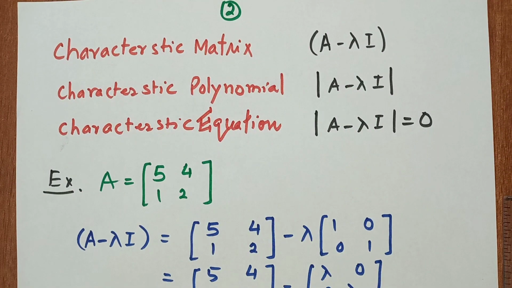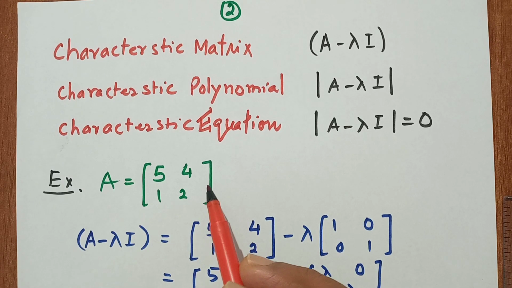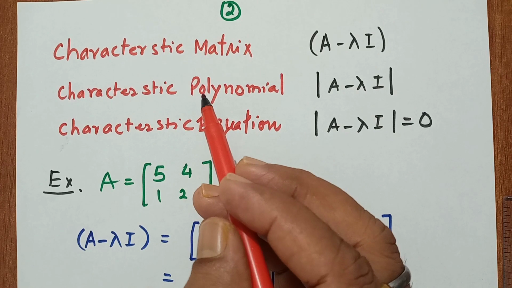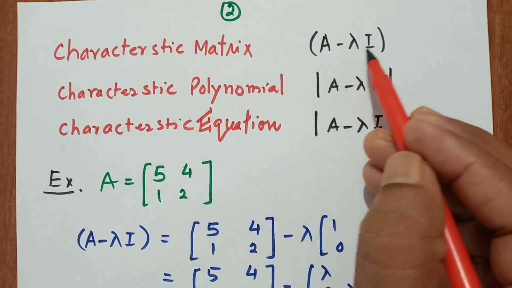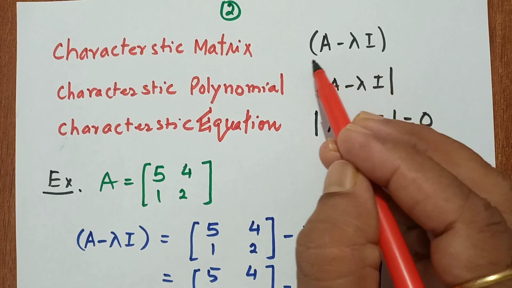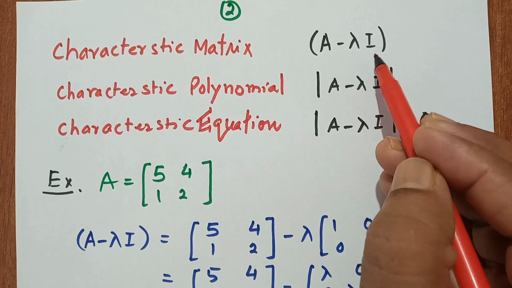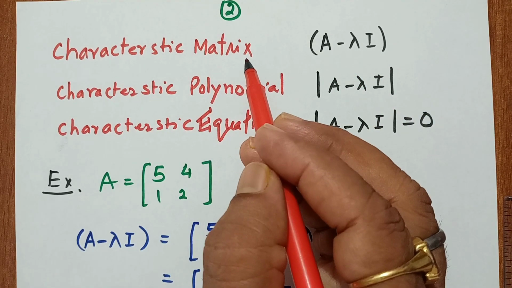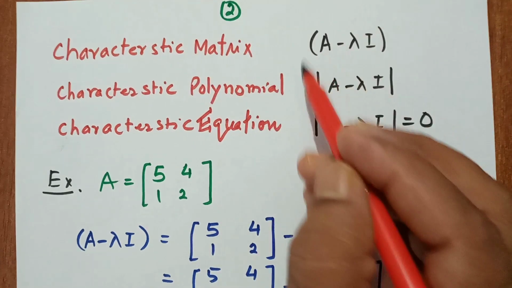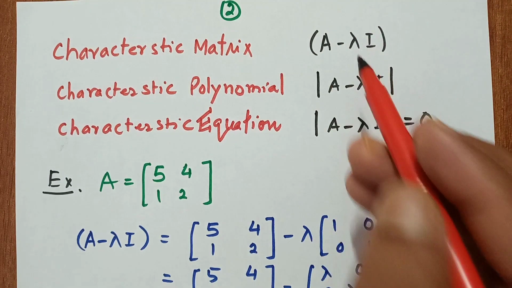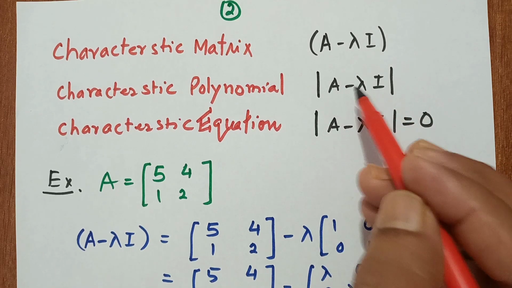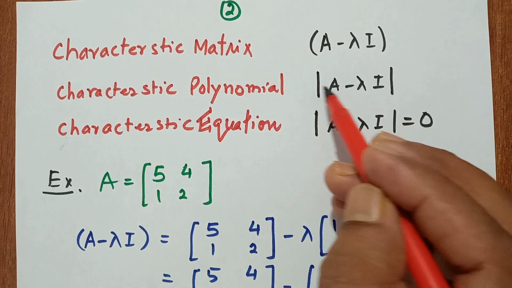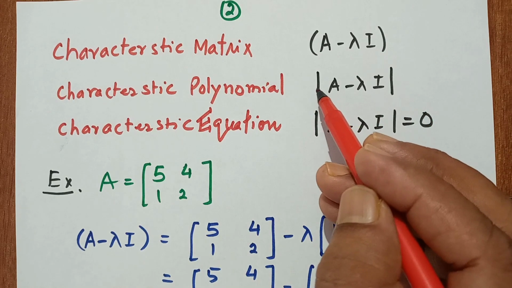Now I am going to explain a simple example. Let us suppose A is a square matrix. The characteristic matrix is called A minus lambda I. So the matrix A minus lambda I is called the characteristic matrix, and its determinant is called determinant of A minus lambda I. As we know, if we solve this, it is a polynomial in terms of lambda.